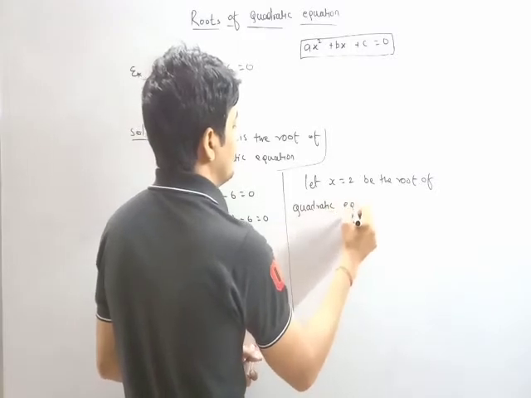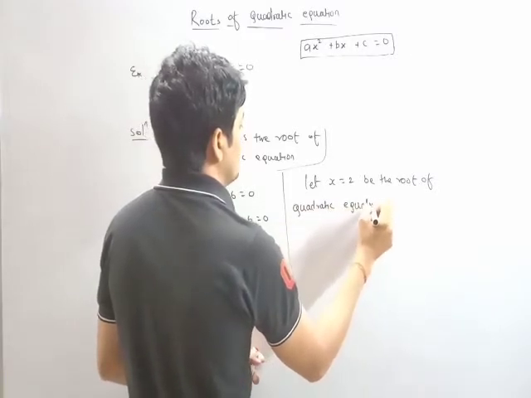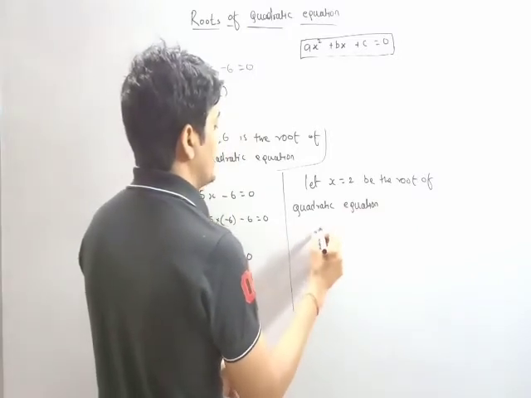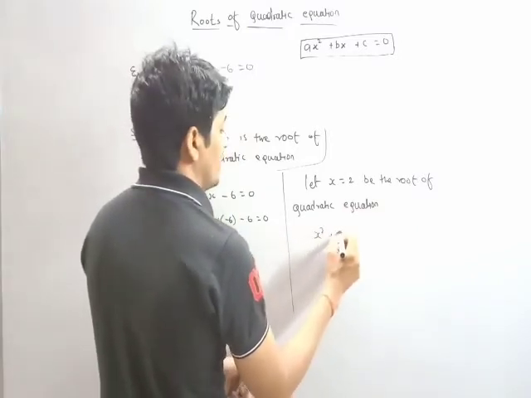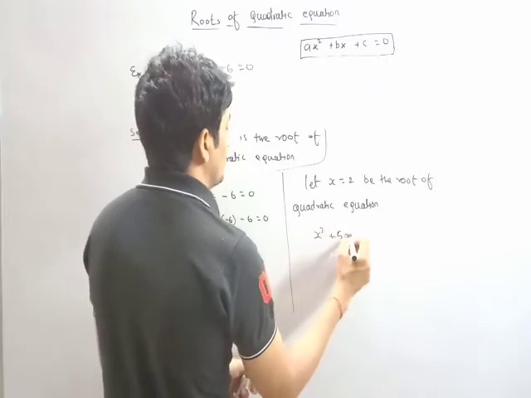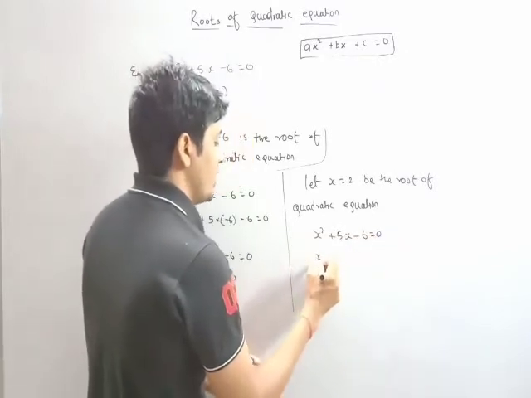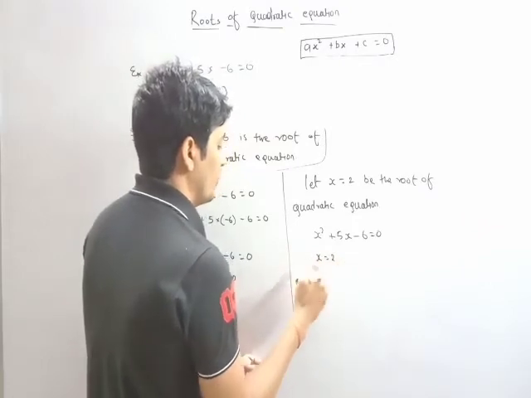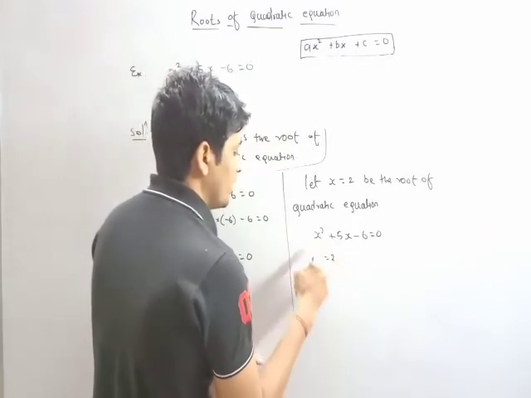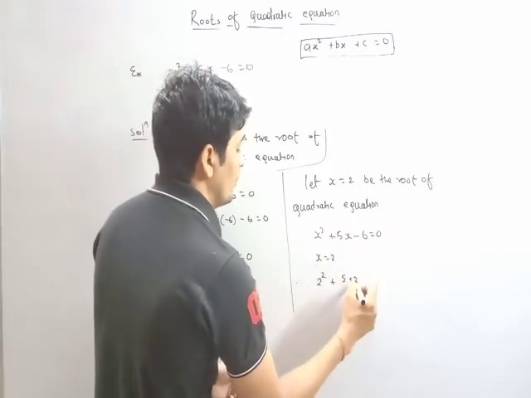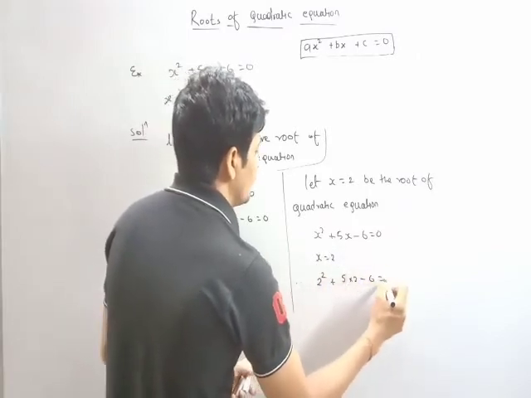Quadratic equation. So what is the equation? It is x square plus 5x minus 6 equals to 0. Since x equals to 2, it will become 2 square plus 5 into 2 minus 6 equals to 0.